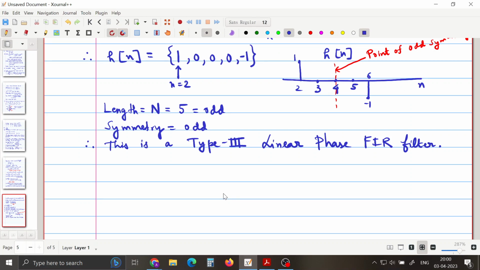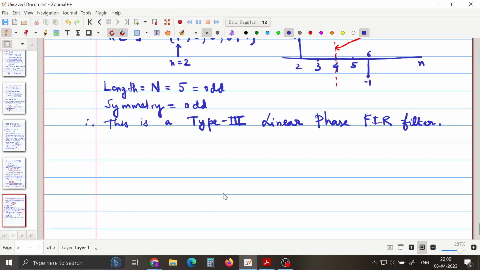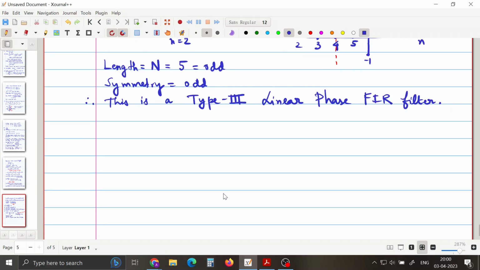Now also, if you further want to investigate, H of z is given as z to the power minus 2 minus z to the power minus 6.